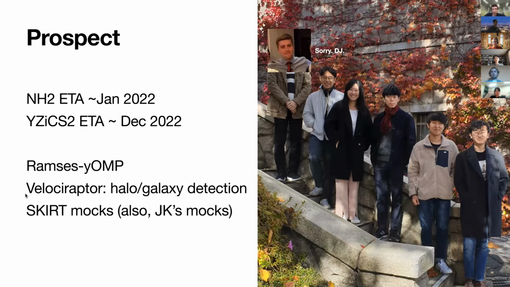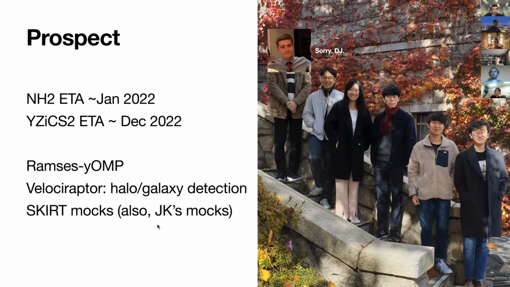And then, as the next speaker will say, Jinsu will give us the new galaxy and halo catalogs identified using the code Velociraptor. And then we are making a whole bunch of SCUT images of the New Horizon galaxies, not only using the SCUT software, but also using the simpler code made by JK. And you will hear from them directly soon. Thank you very much. I'm done.